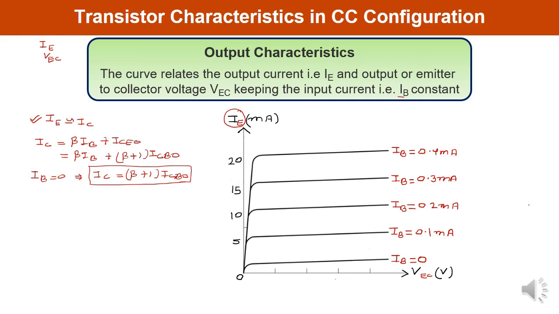So you can rewrite this as IE approximately equal to (beta plus 1) times ICBO. So when IB is 0, IE is not exactly 0, there is some current flowing, which is nearly equal to 0.